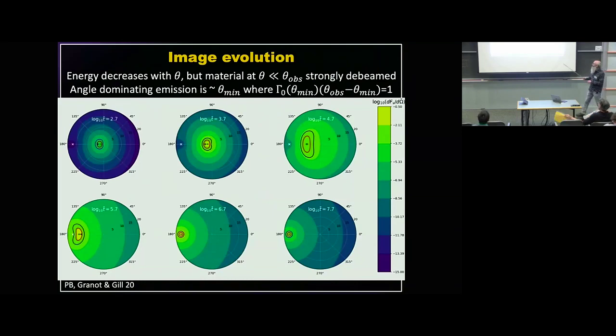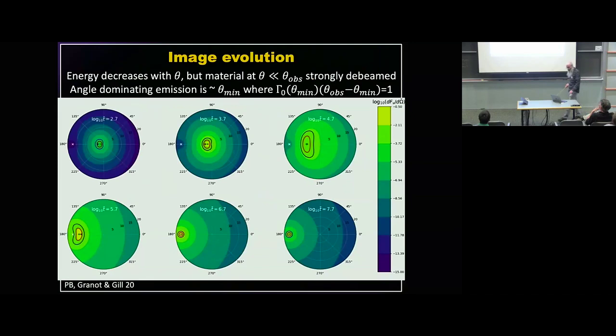And when you have a structured jet that is viewed off-axis, so here in these plots, the observer is at the center of the circle, the jet is at this white cross, and as a function of time, you see the flux centroid maps, and they're moving closer and closer towards the jet. Basically, you're always dominated by a region that is up to 1/gamma away in terms of angle from the line of sight towards the core of the jet.